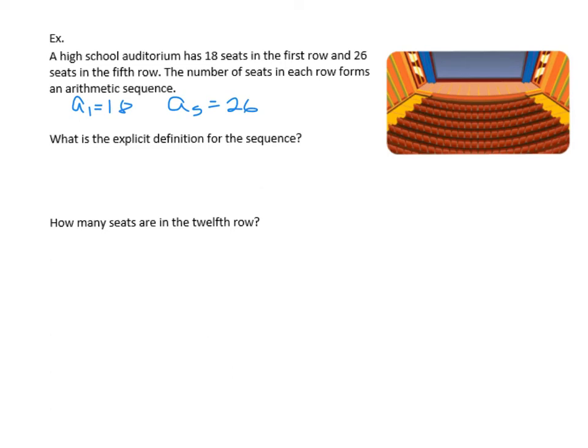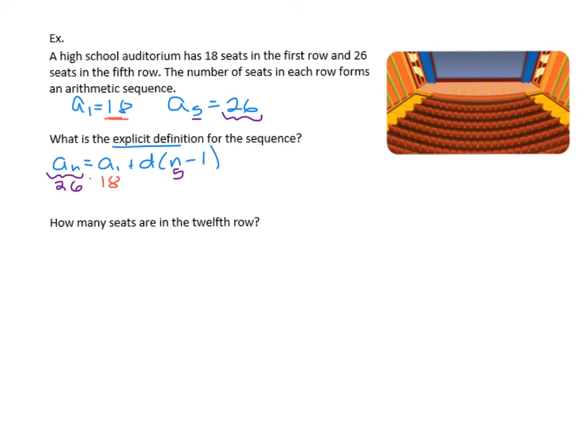If we take a look at our formula, the explicit definition, a sub n equals a sub 1 plus d times n minus 1, we can kind of work backwards. We know a sub 1, it's 18, so we'll plug that in. We also know that if n is 5, that's the fifth term, that our output is 26, and that would be what the left-hand side would equal.